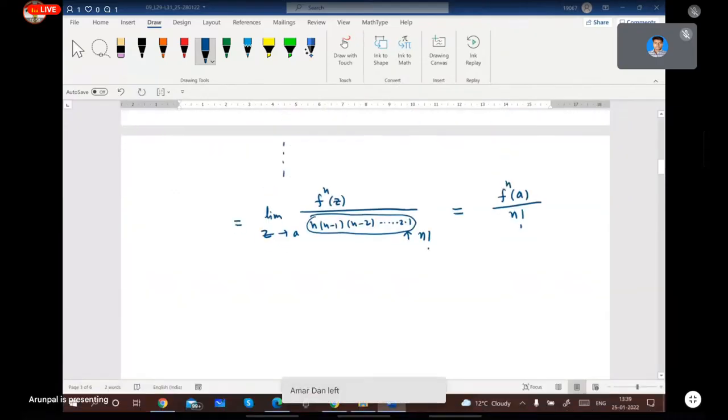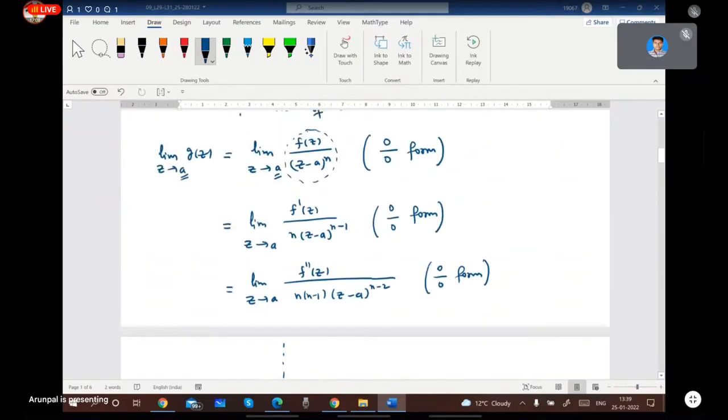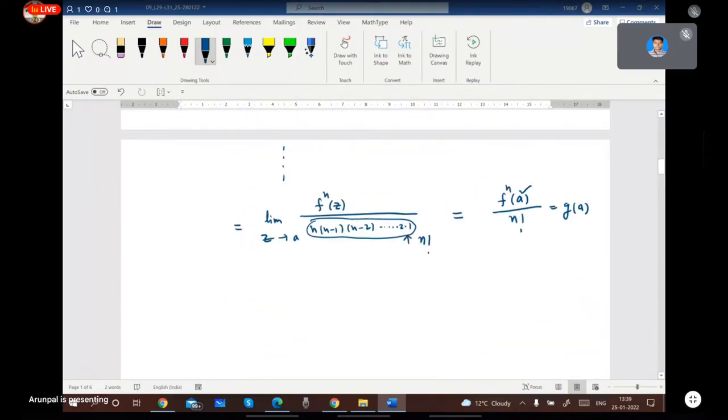Is this okay, class? And this is nothing but the value of g at a. This is how we have defined g, right, class? So I have shown you that the limiting value of g at a is coming out to be equal to the exact value of the function g at a. This implies that g is continuous at a. Is this okay, class? So it is continuous at a.